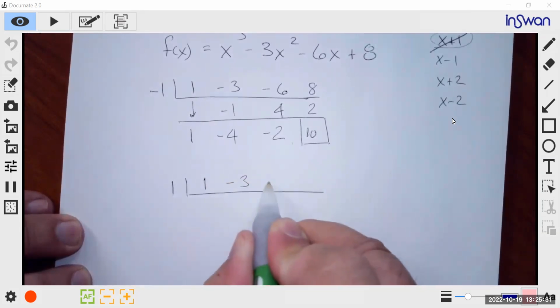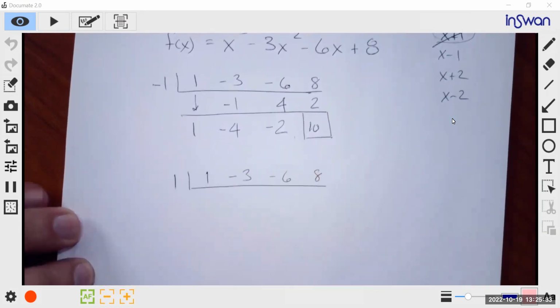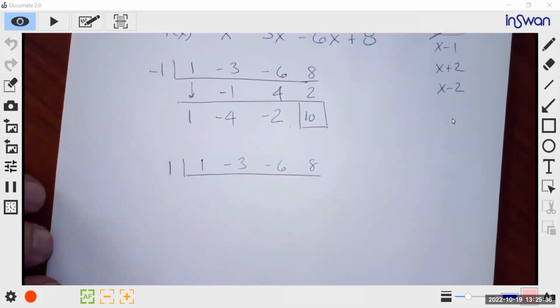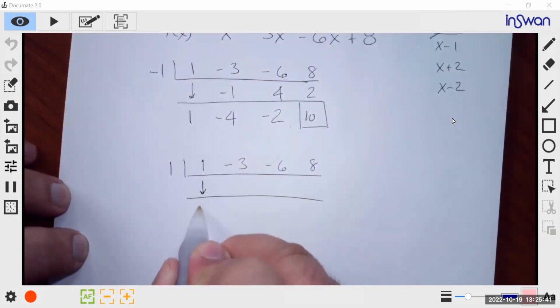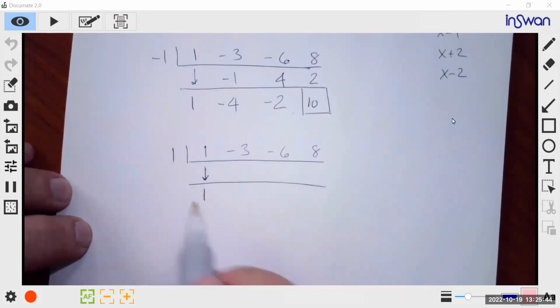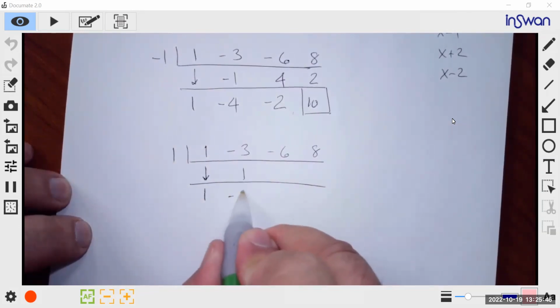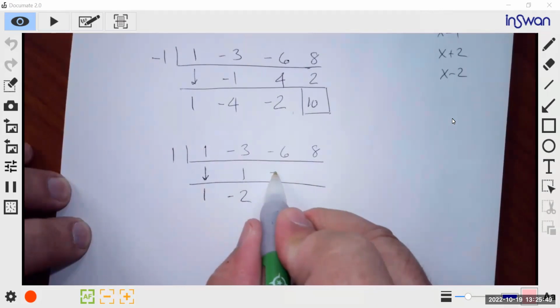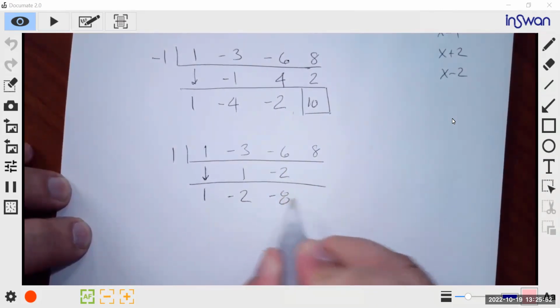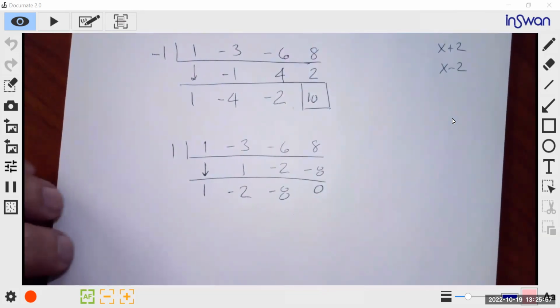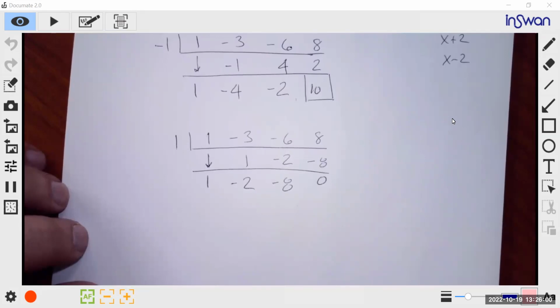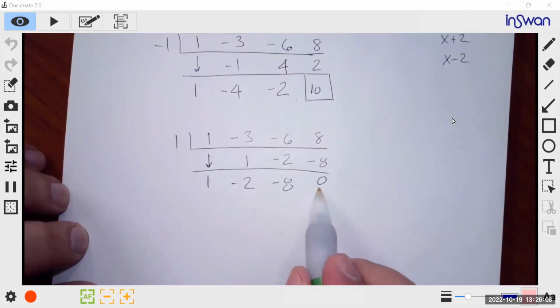1, -3, -6, 8. One times 1 is 1. So what does this say? It says that this is a factor.